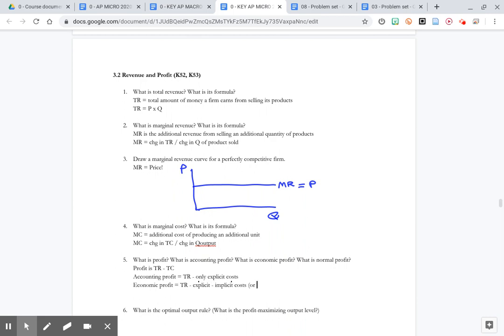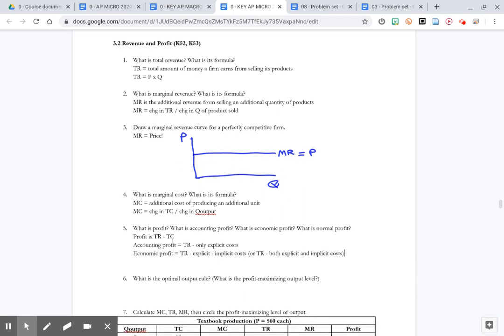Or another way of saying it is TR minus both explicit and implicit costs. The difference between the two is that an implicit cost is just the opportunity cost, what you gave up.